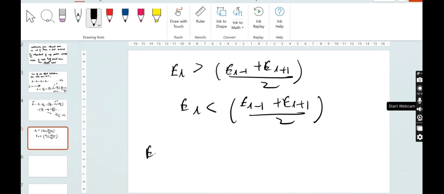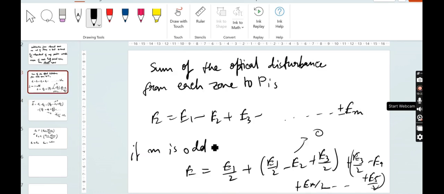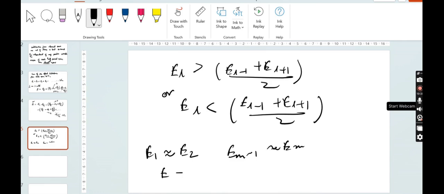So we can write that E_n is almost equal to E2 and E_(M minus 1) is almost equal to E_M. If we follow this notation, then E becomes less than E1 by 2 plus E_M by 2.